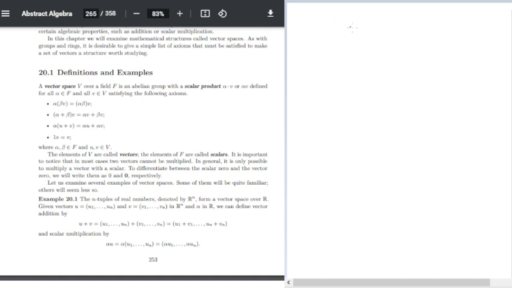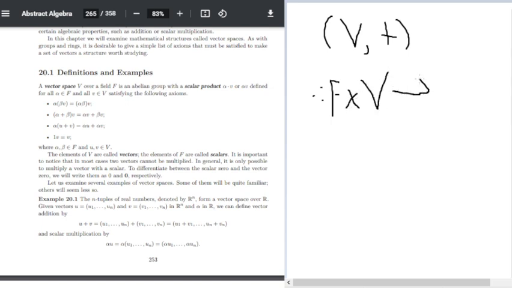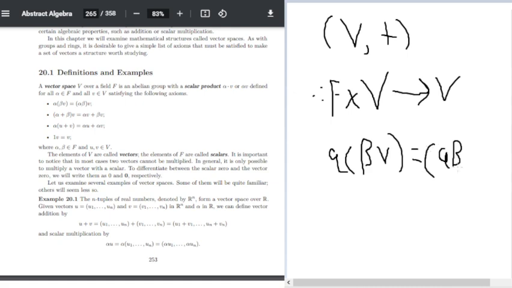So we have an abelian group V equipped with an operation called dot that takes an element of F and a vector in V and gives us another vector in V, such that we have associativity of scalar multiplication: (αβ)v = α(βv).